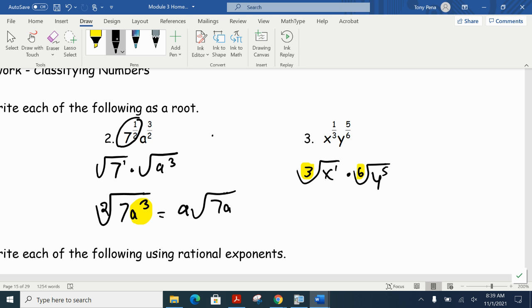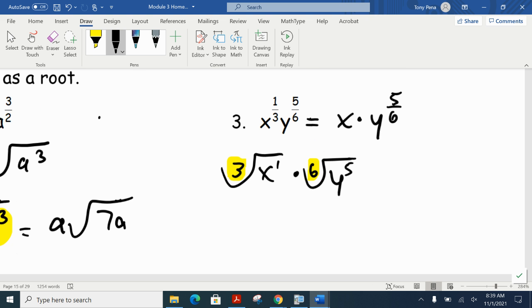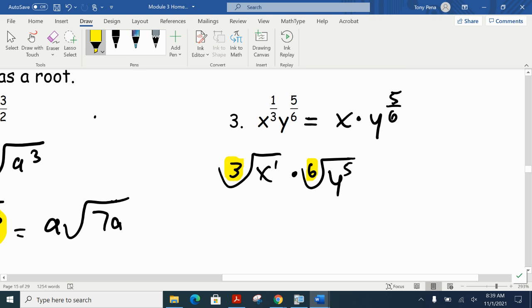So what we're going to do, go to the original problem here. The y to the 5/6, I'm going to leave that alone. And what I want to do is take, let me make this nice and big, this 1/3. I'd like that denominator to also be a 6. So if I'm going to make that denominator a 6, what do I multiply this denominator, this 3, by, in order to turn that into a 6?